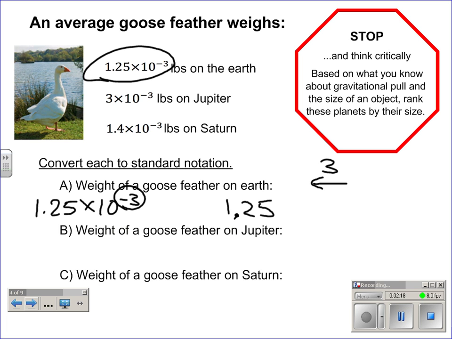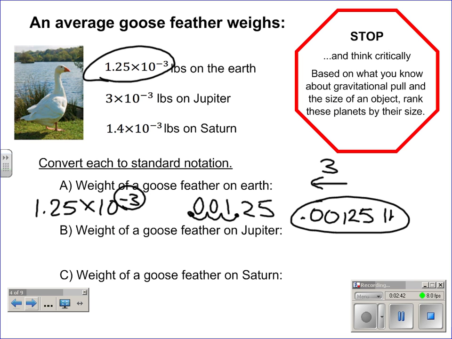So I move the decimal 1, 2, 3 times to the left. We're going to put in 2 zeros to hold the place value because we moved the decimal 2 places past the 1. So 0.00125 pounds is the weight of a goose feather on Earth. If you want to put those units in there, you can.